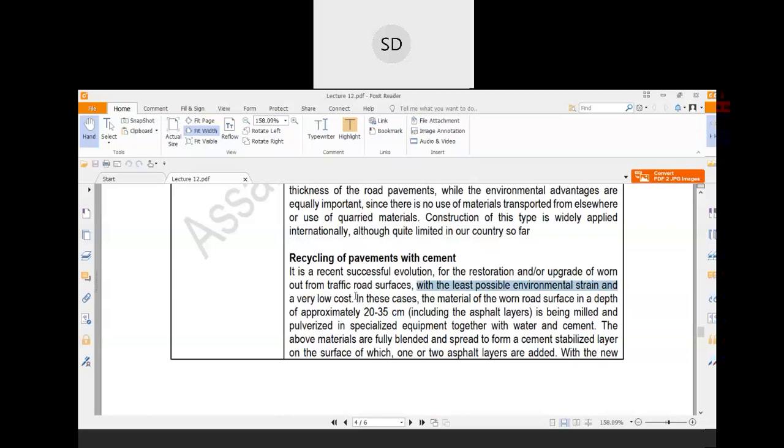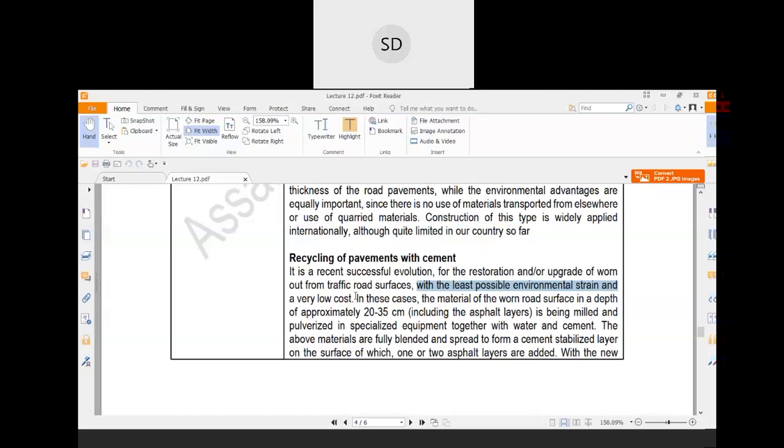So how has this basically been found out? What is the main thing about recycling of pavements with the cement? Suppose there are some potholes or damages of the existing road surface in a particular area. If the depth of that pothole is very high, you can put some previously used, hardened cement concrete over there, like aggregate. You break that down into small particles and use it to fill up the potholes.